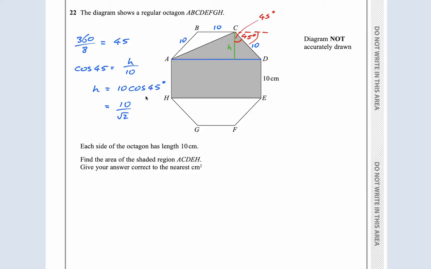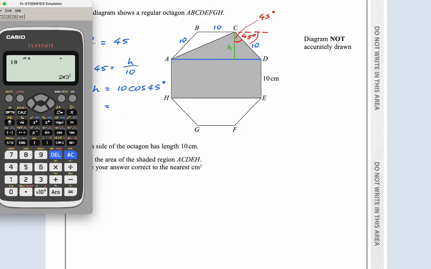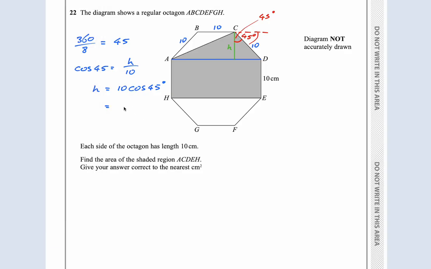A nicer way to put that, actually, in fact, do use your calculator because it'll simplify it for you. If you do 10 times cos 45, you'll get 5 root 2. Okay, so the H is 5 root 2.